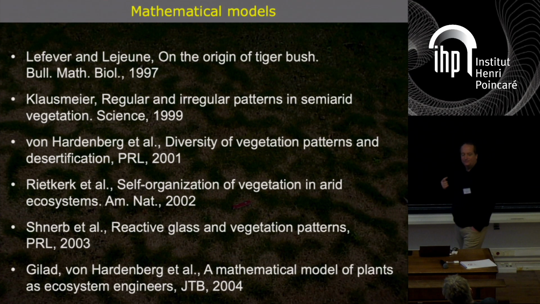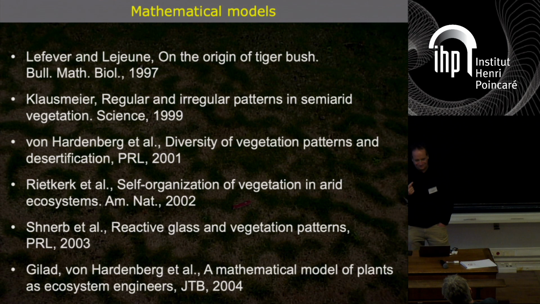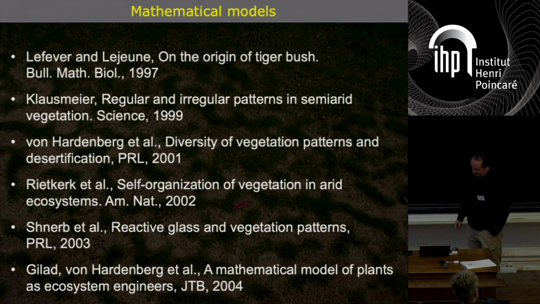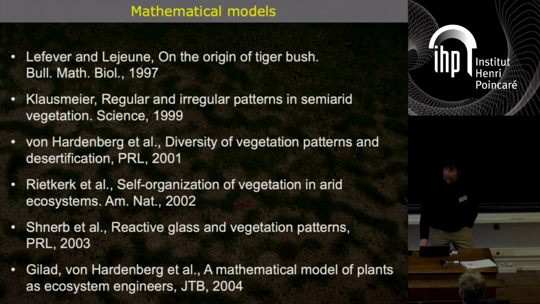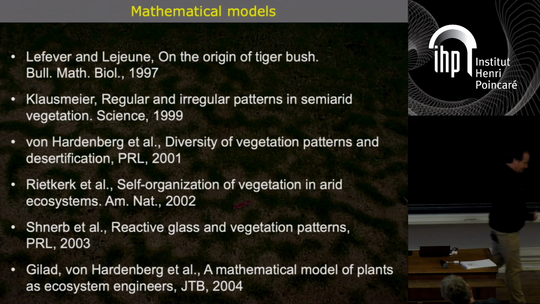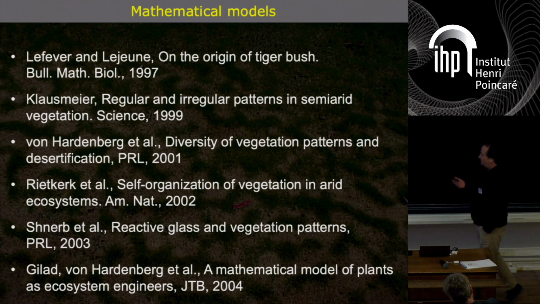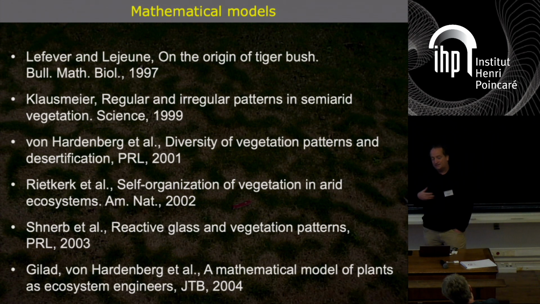In one case, you could use only one, but then you need to introduce some long-range feedbacks by introducing some integral terms to compensate for that. But basically, all of them rely on this instability mechanism, which is known, as I said, in other fields of physics, as a Turing-like type of instability.